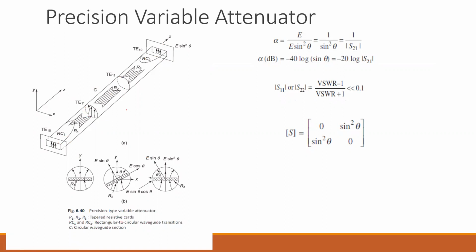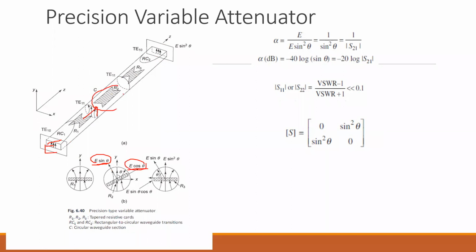Now, whenever you are transmitting the wave, it will have two components. One is E sine theta, as we have the electric field component being transmitted. When it reaches this point, we can observe that there are two components, E sine theta and E cos theta.